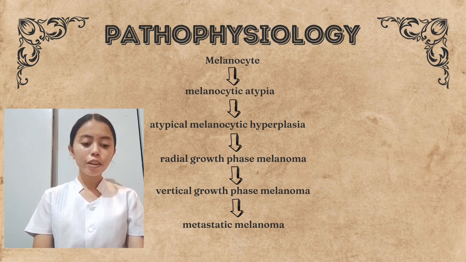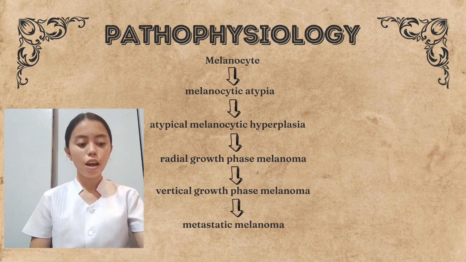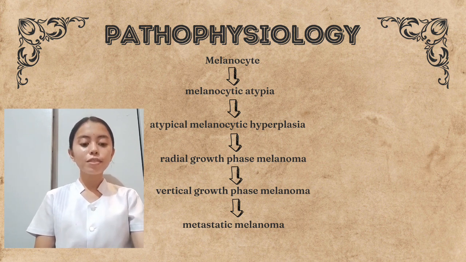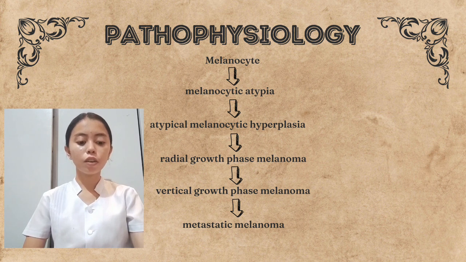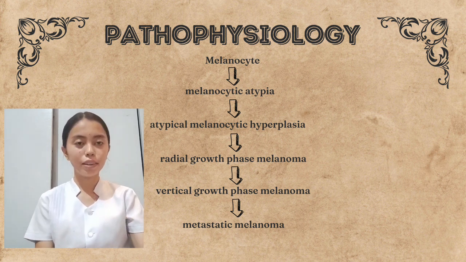During the radial growth phase, malignant cells grow in a radial fashion in the epidermis. And then it goes to the vertical growth phase. With time, most melanomas progress to the vertical growth phase, in which the malignant cells invade the dermis and develop the ability to metastasize or to spread.